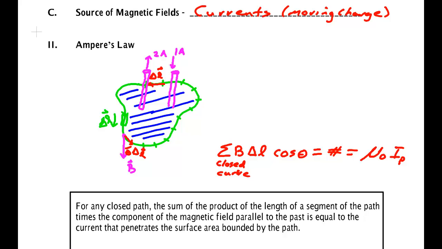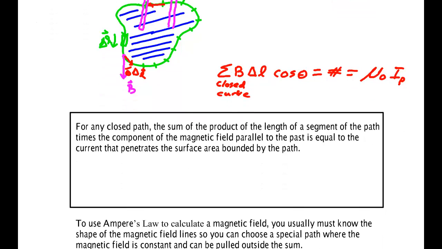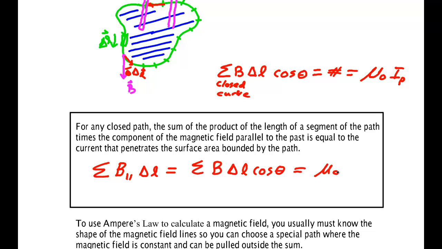This is called Ampere's Law. Let me write it here. The sum of the magnetic field that's parallel to delta L is equal to the sum of B times delta L times the cosine of theta, which is mu naught times I penetrate, what I generally call just I sub P. It penetrates this blue sheet.